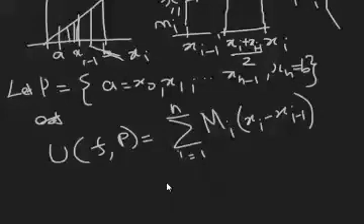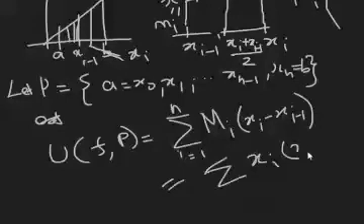So then the upper sum is the sum of x_i times (x_i minus x_{i-1}). This is the upper sum.